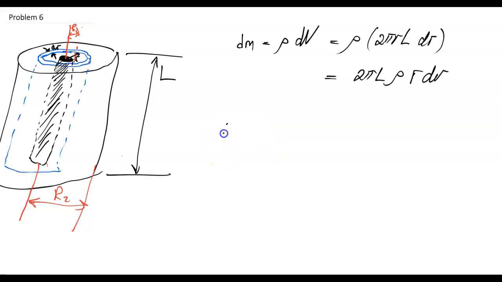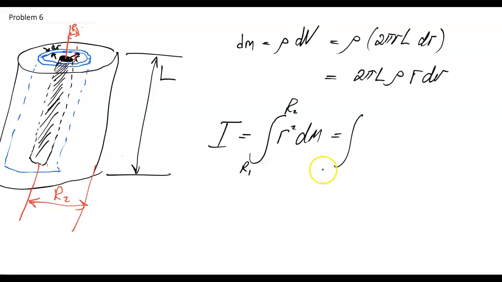So the moment of inertia, I, is going to be the integral of r squared dm. Remember, it was mr squared or md squared before, but because we have the mass element, we will put that second here. It doesn't really matter.